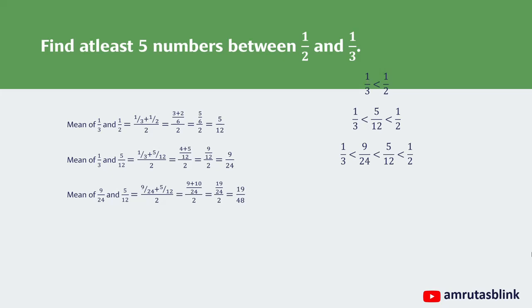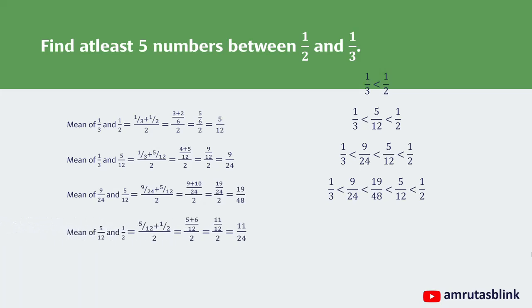So 9 plus 10 upon 24 whole divided by 2, that is 9 plus 10 is equal to 19. 19 by 24 upon 2, which is equal to 19 upon 48. So the order will be 1 by 3 is less than 9 by 24 is less than 19 by 48 is less than 5 by 12 is less than 1 by 2.